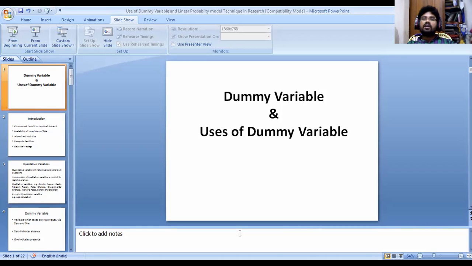Can you say that black is better than white, or white is better than black? No. Each color has its own characteristics, but it cannot be compared with the others. These are called qualitative variables, the dummy variables.